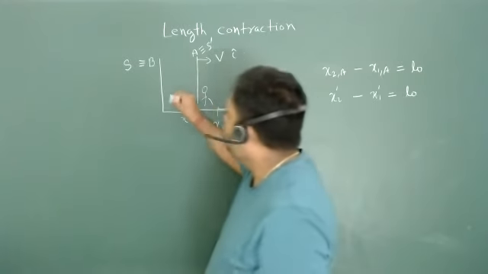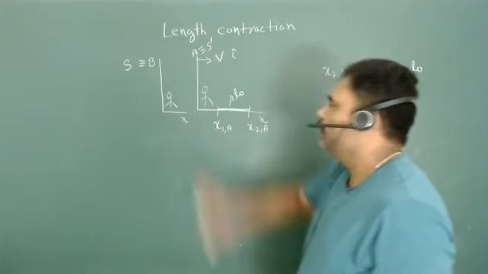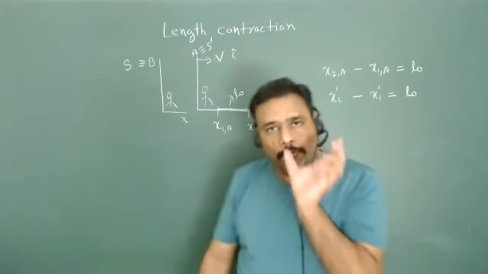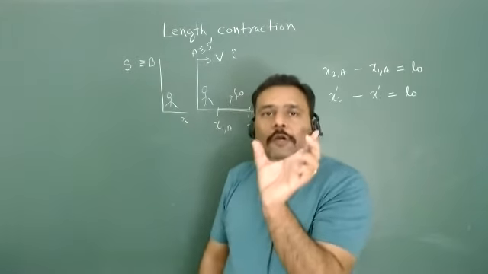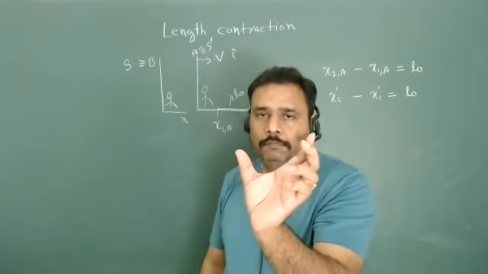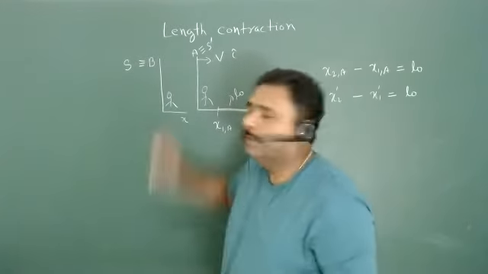Now, if the observer shifts here, he just wants to see these two points. He just wants to see what the appeared length is to him, because it is moving with respect to him.